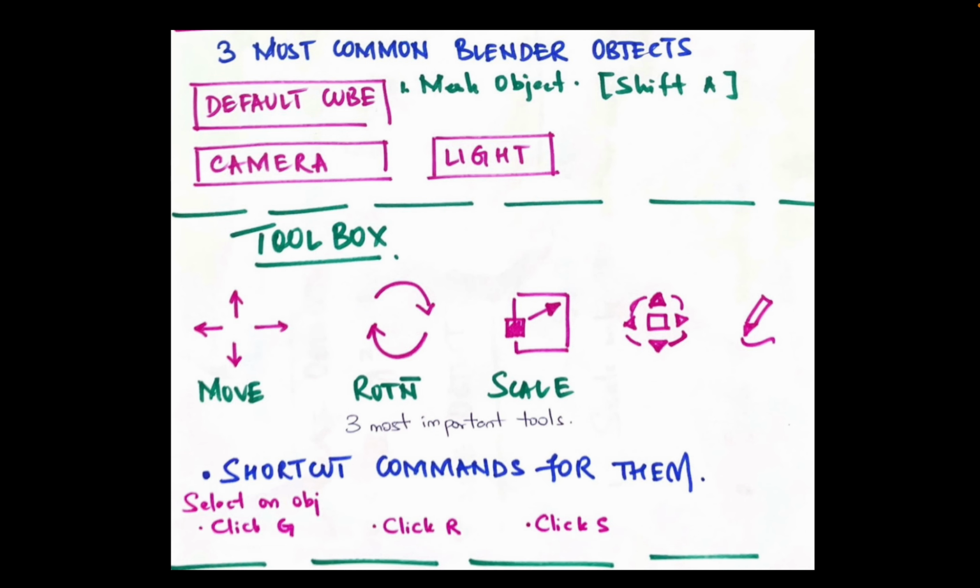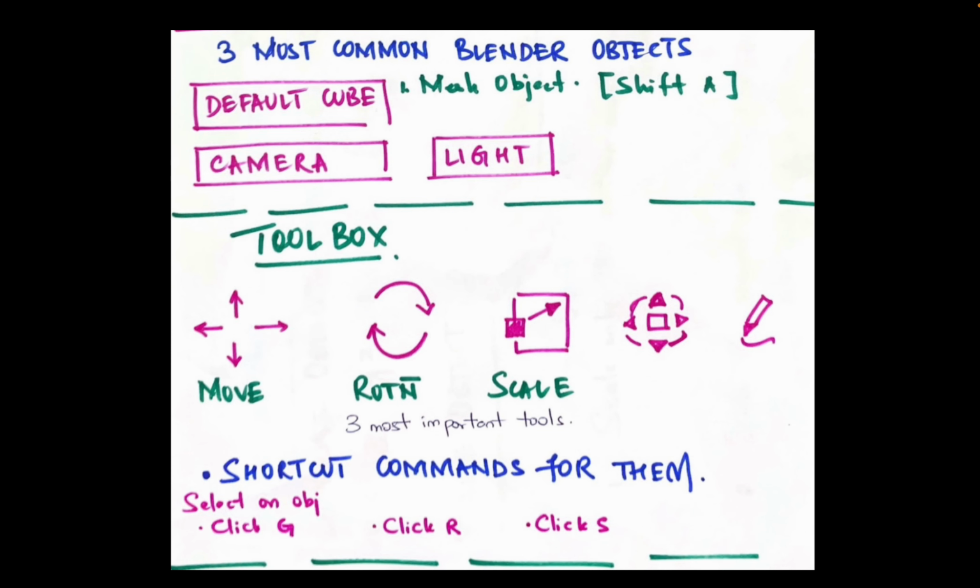However, whenever we are doing the move operation, on your keyboard you can select the object and then click on G. That allows you to move the object. If you want to rotate the object, select the object at hand and click on R. If you want to scale the object, select the object at hand and click on S.